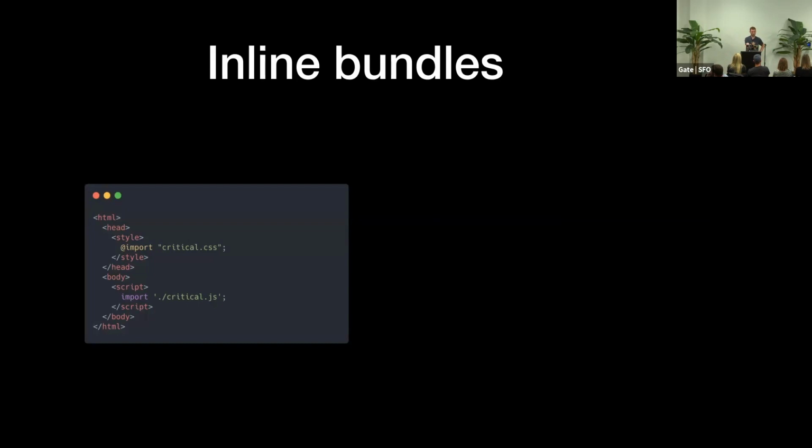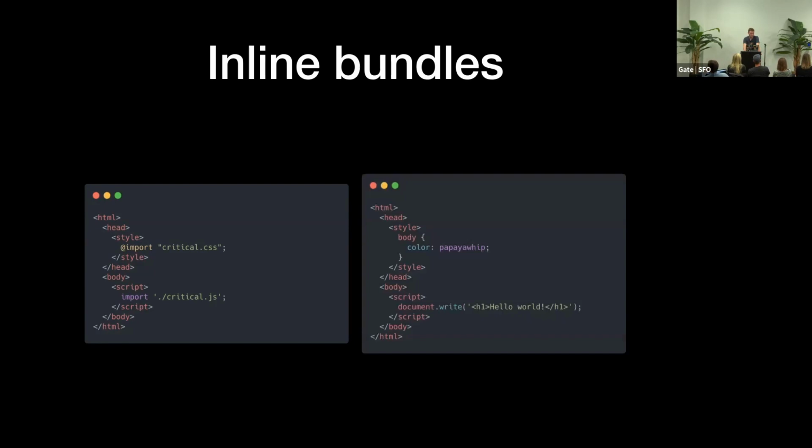And I can keep this code in a separate file for better maintainability rather than putting it all in my source HTML. Then Parcel will go and compile that. It'll read our inline script and style tags, and then go bundle all of that code and re-inject it back into the file. So you get your inline code that way. So that's HTML.